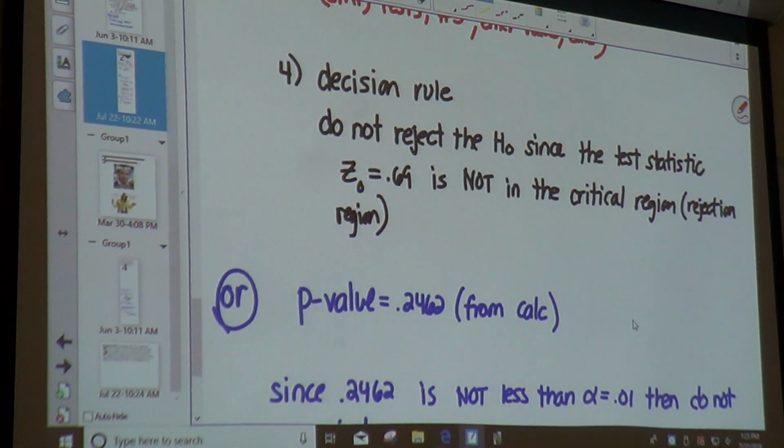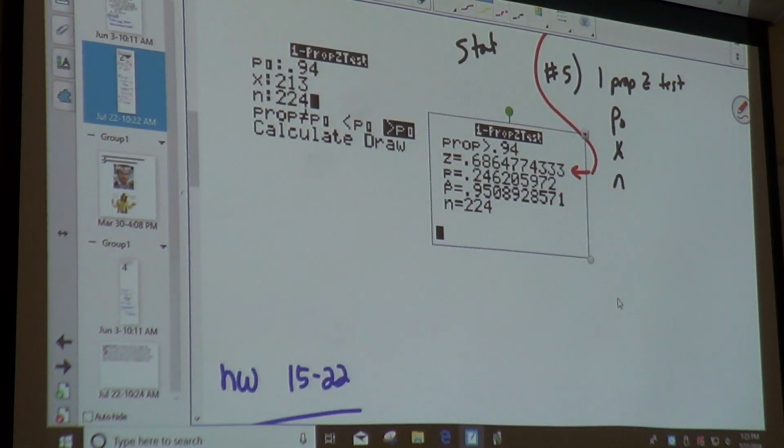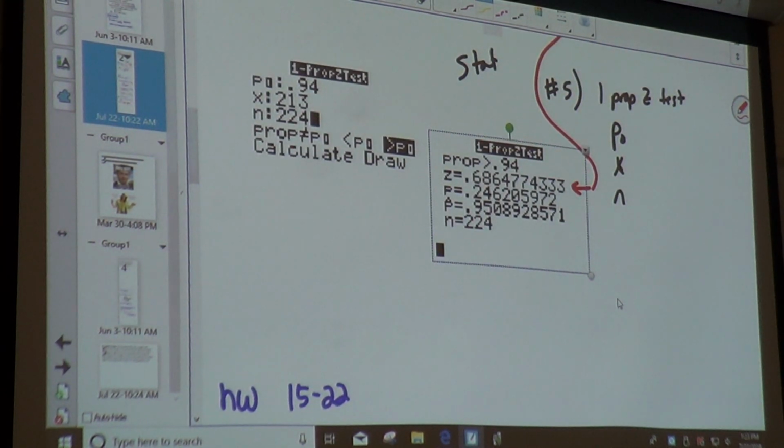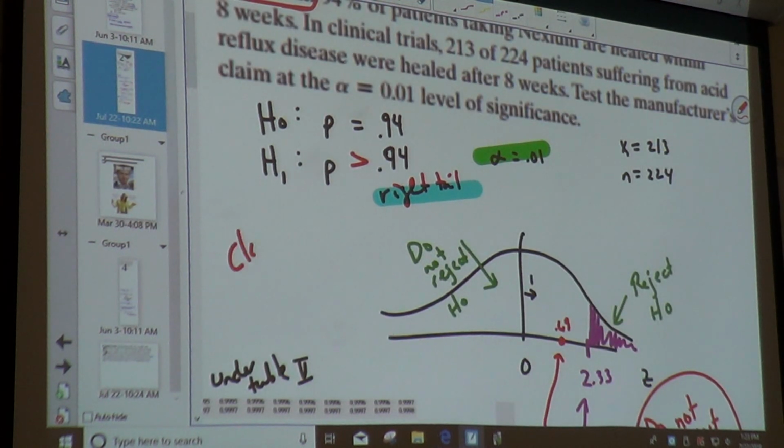Now, the other way that you could have done this problem, let me get it from right here. The way that we just did it, they call the classical approach, which is the way I prefer. This is the classical approach.